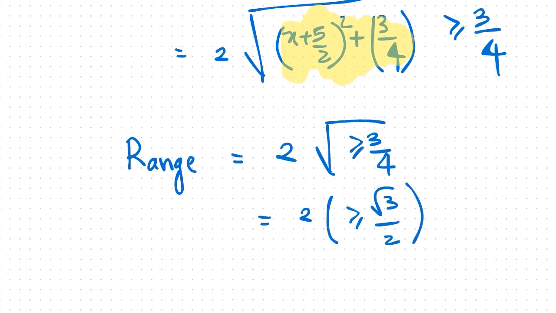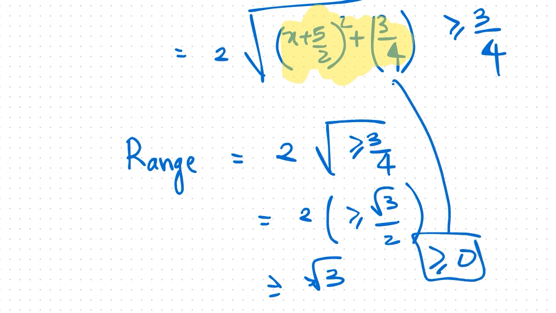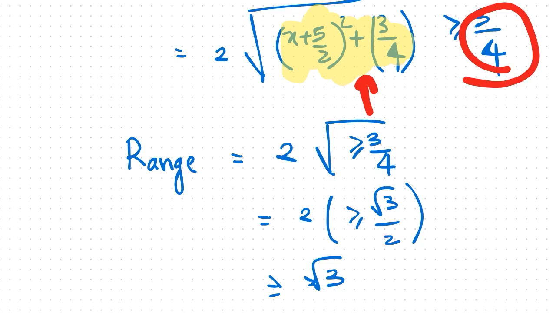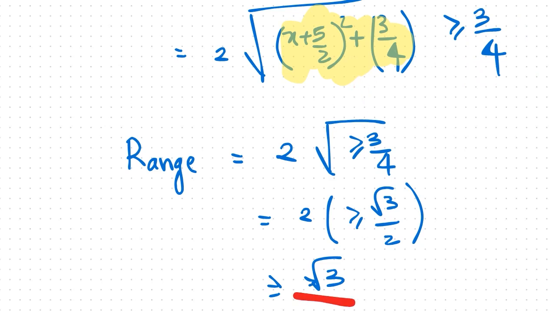The range is not simply greater than or equal to 0. It's just that inside this expression, it has certain values. The minimum value of this quadratic is 3 by 4, so it cannot be numbers like 0.5. That is why we write it like this.